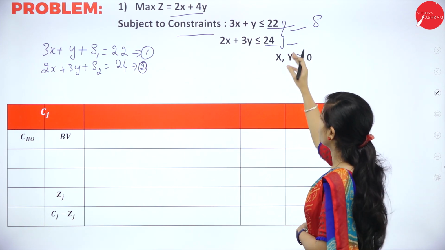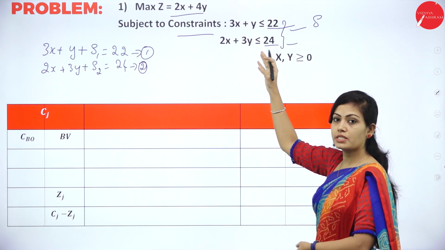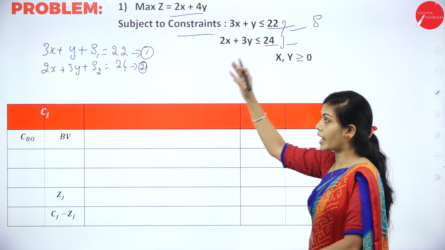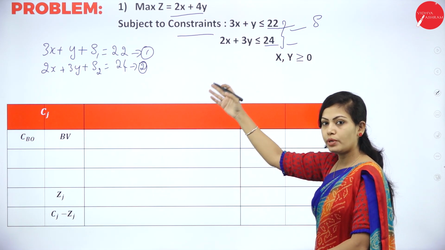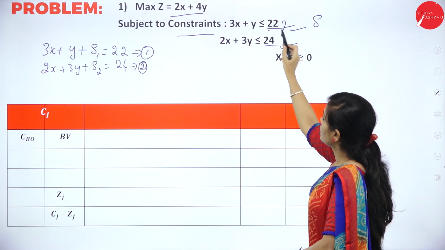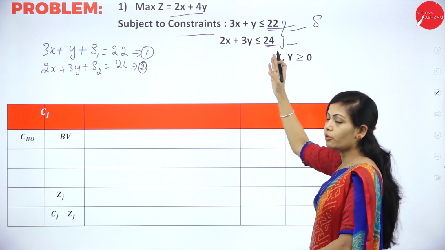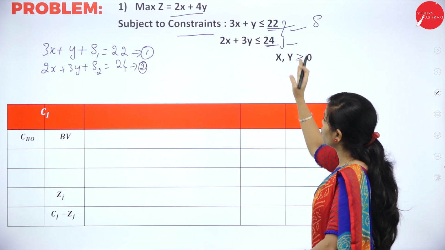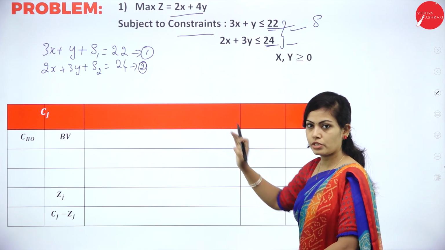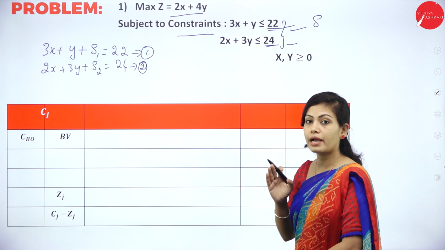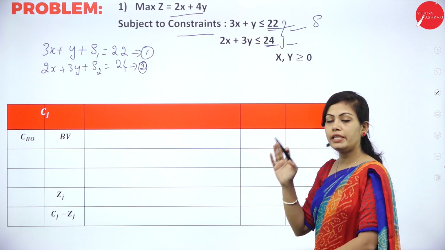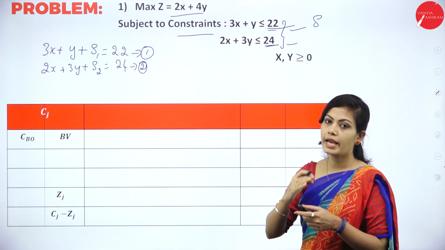I will repeat. The first step is you need to convert these constraint inequalities into standard form, that means equation form. This is the RHS value. The RHS value should be positive, and here we have positive values only. So you need to convert these into equation format by adding the slack variables. All the inequalities are converted into equalities.